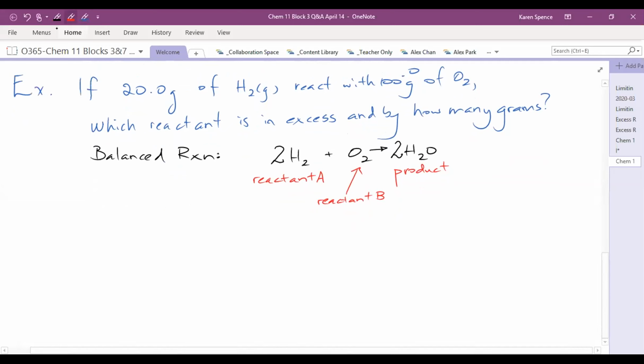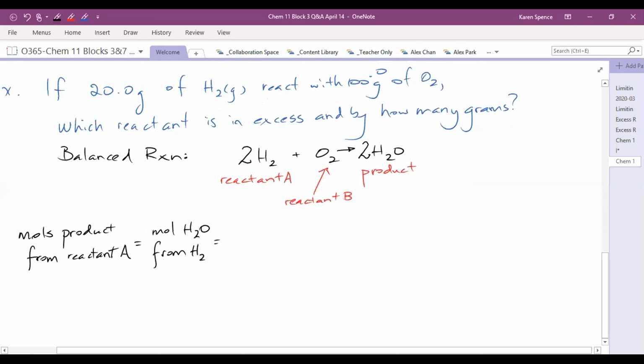So we want to calculate the moles of product from reactant number 1, reactant A. That's going to be the moles of product H2O that can be made from reactant A, which is H2.